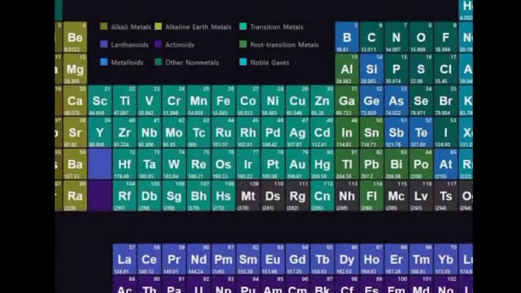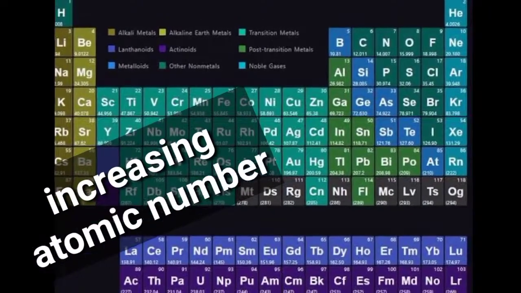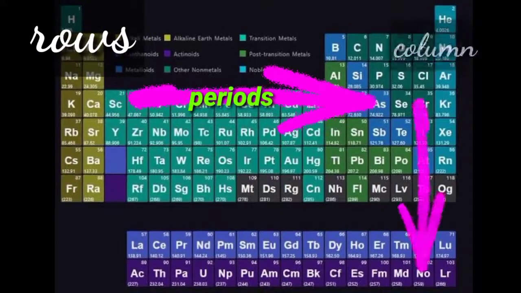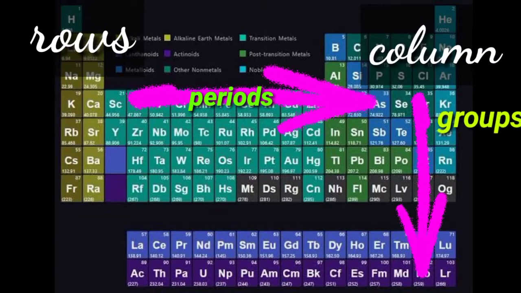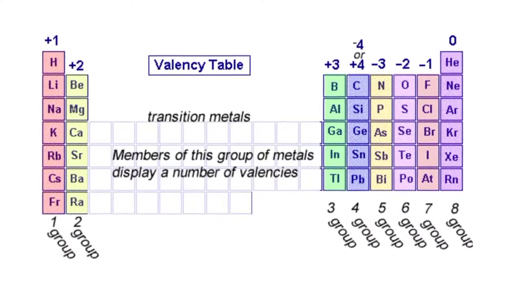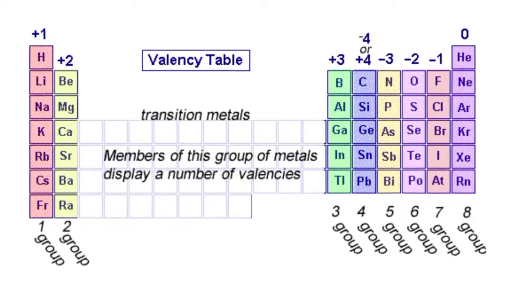The elements in the periodic table are arranged according to increasing atomic number. The rows are called periods and the columns are called groups. The group number in the periodic table gives us the number of valence electrons in its outermost energy shell.